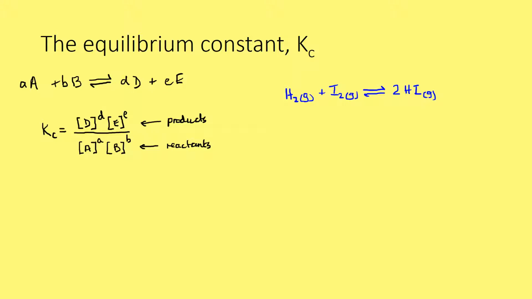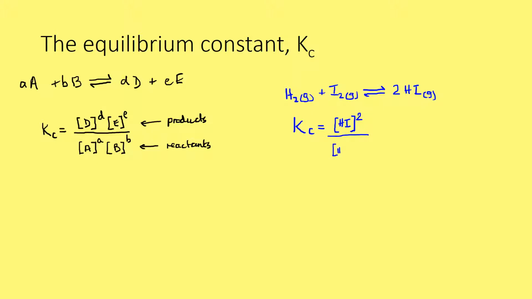So let's write the expression for Kc here using the generic equation on the left. So we've got Kc equals, we take the product, in this case there's only one product, and that's hydrogen iodide. All right, so we want the concentration of that at equilibrium, and notice there are 2 moles in the balanced equation, so we square that, and that's going to be divided by the concentrations of the reactants.